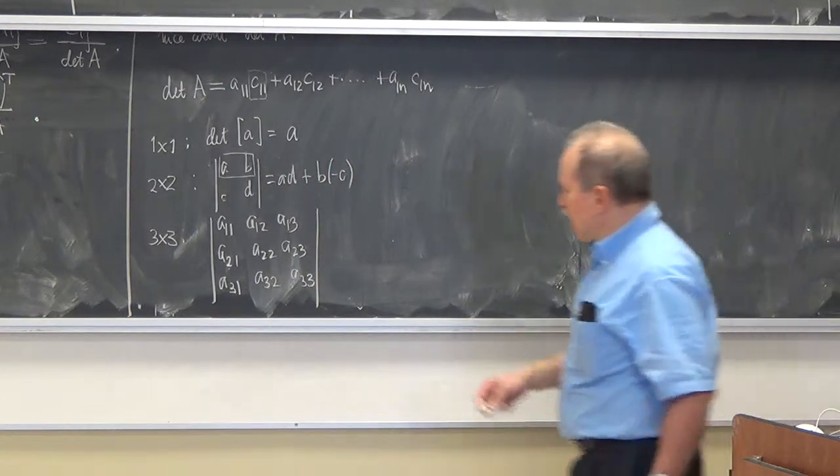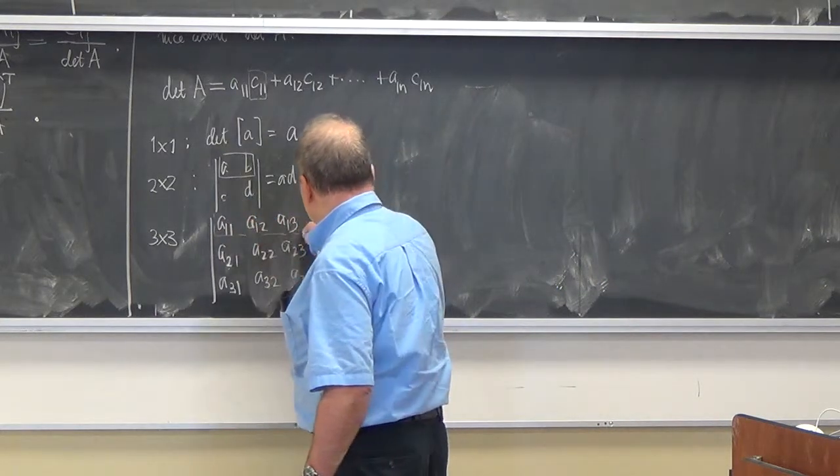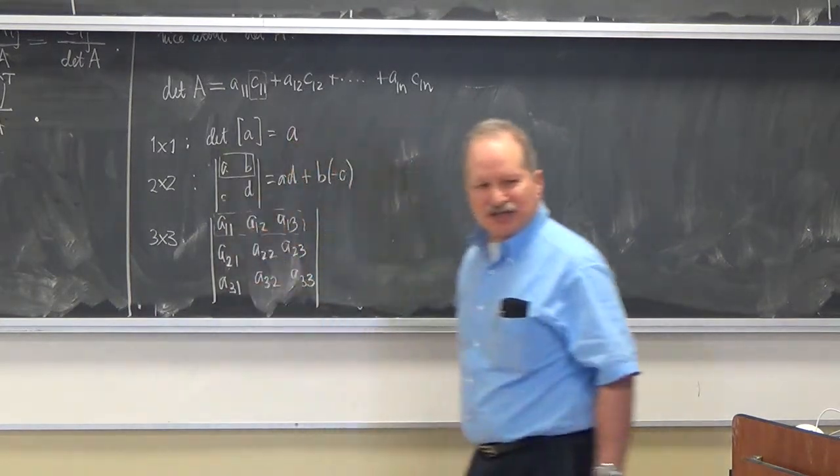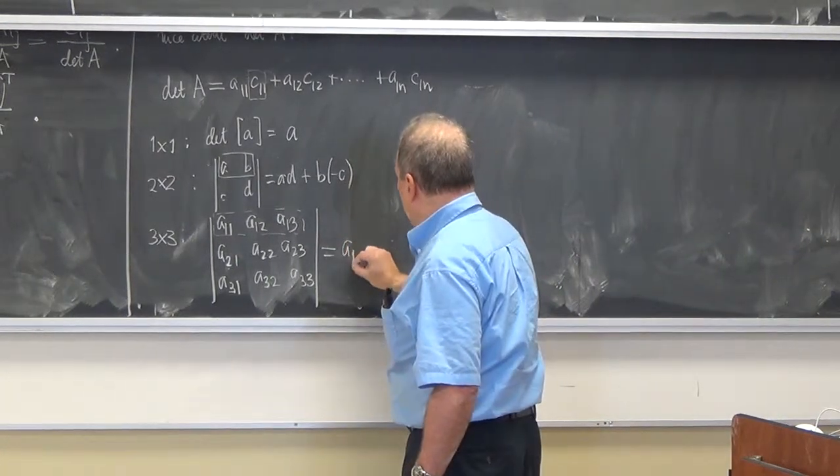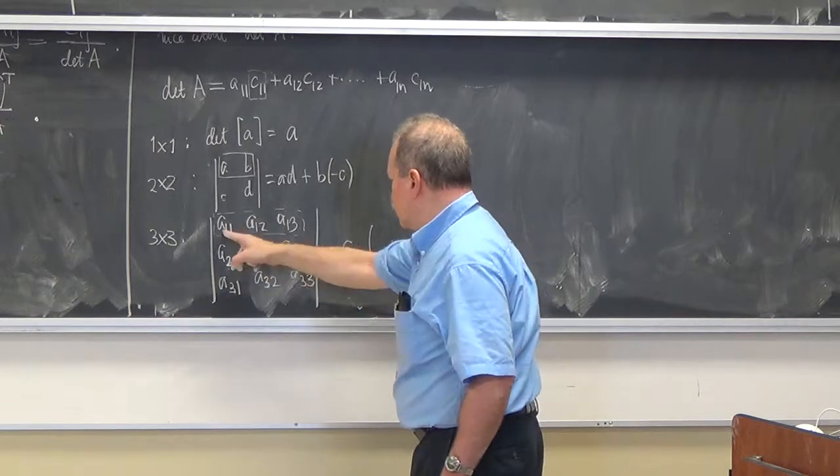All right, so if you expand in cofactors, we did the column before, I'll do the row this time just to do something different. So what does it look like? Well, A11 times this determinant.